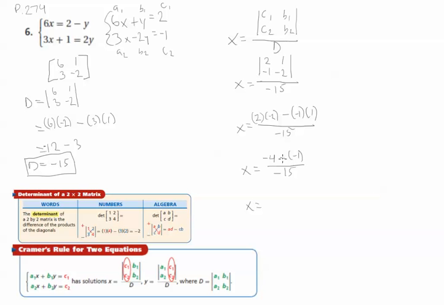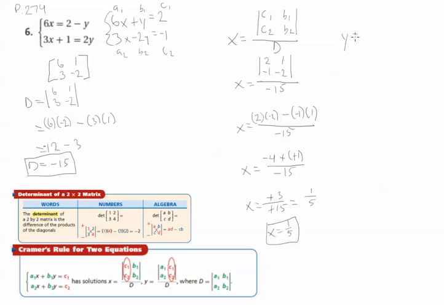My x will equal, minus a negative becomes a positive, negative 3 over negative 15. And I can reduce that. The negatives cancel to 1 over 5. So x equals 1 over 5. There's half my solution.